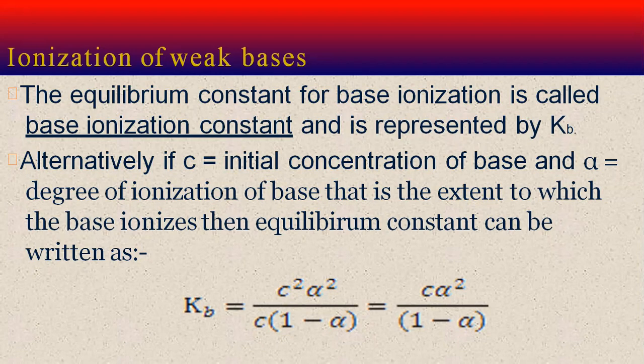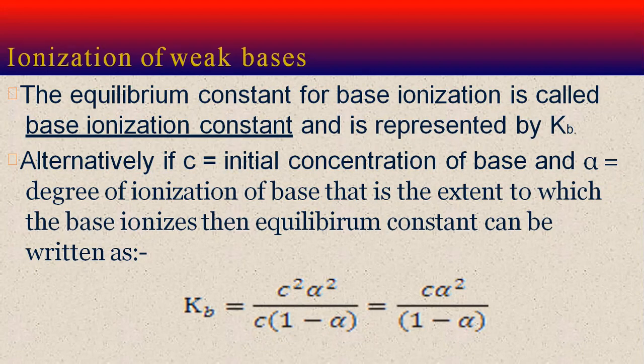Then for the equilibrium concentration or degree of dissociation alpha, we just find it out and we'll get this expression, C squared alpha squared upon C(1 minus alpha), is equal to C alpha squared upon 1 minus alpha. So that will be the same as acids, the process will be the same, everything will be the same, but in place of Ka, we have to write Kb.